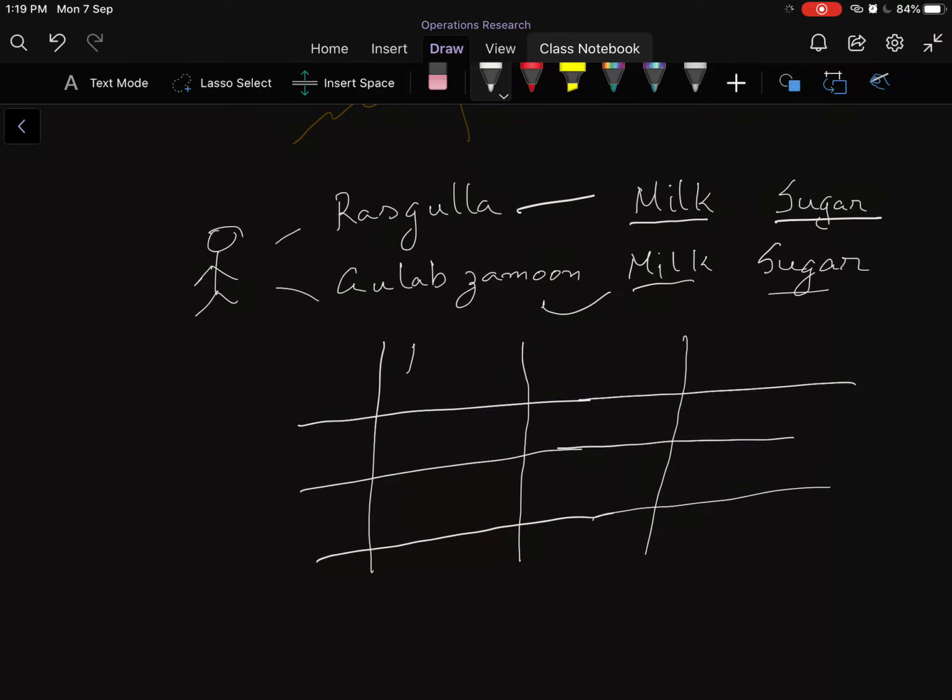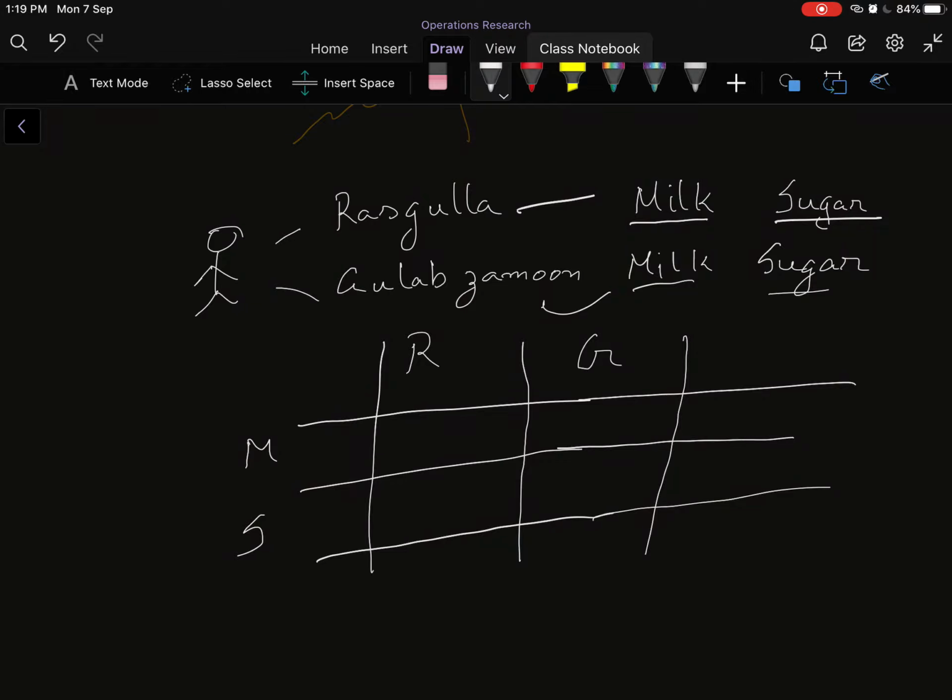Say the sweet rasgulla is abbreviated by the letter R and gulab jamun by the letter G, and the resources that are required are represented by M for milk and S for sugar.